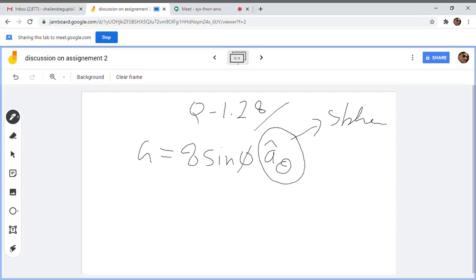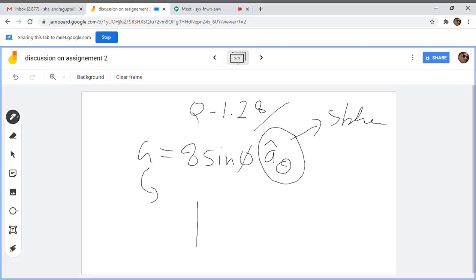Okay, so first of all, convert this into the rectangular coordinate system. The method I have discussed earlier in the previous lecture, and then from rectangular you can go on to the cylindrical coordinate system. So first of all, you need to convert from spherical to the rectangular coordinate system.